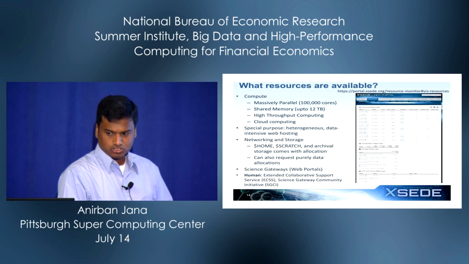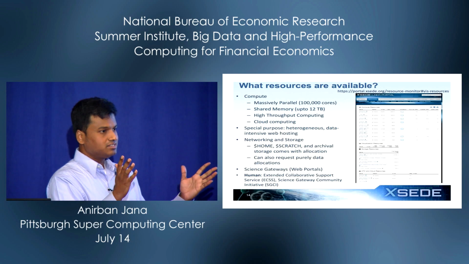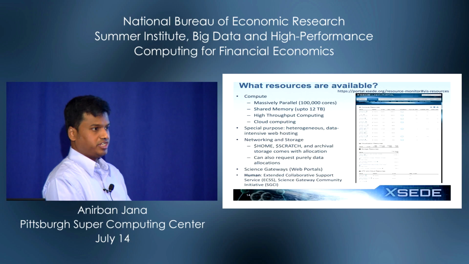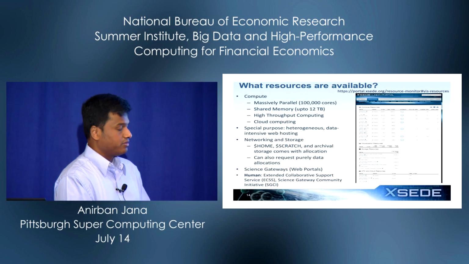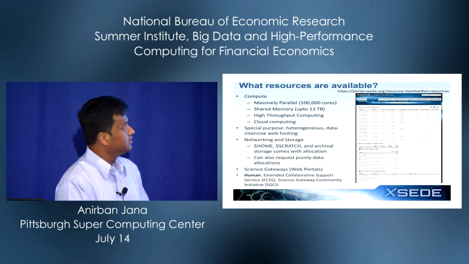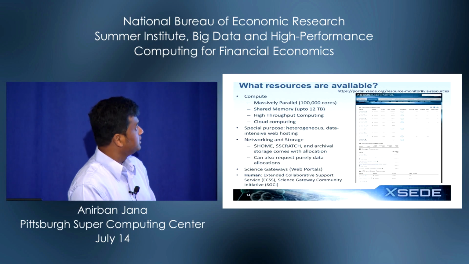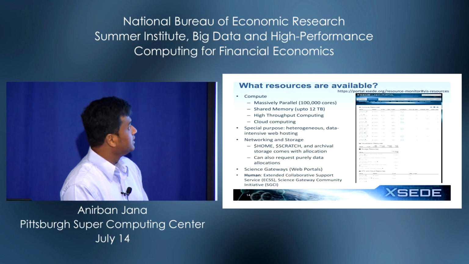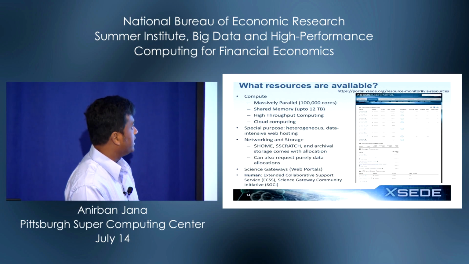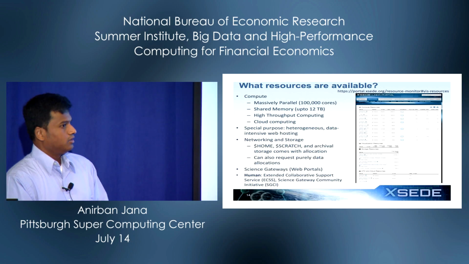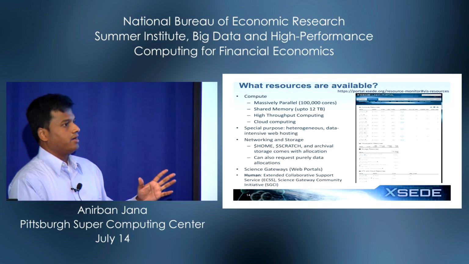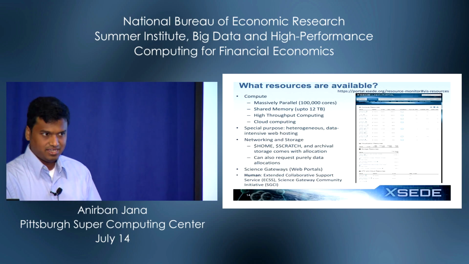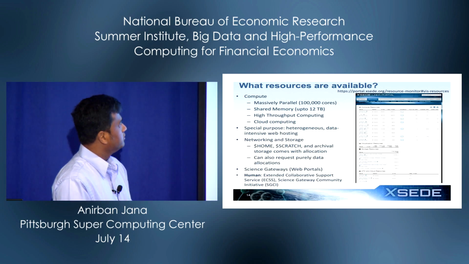So within compute resources, there are massively parallel resources of the orders of hundreds of thousands of cores. And then there are large shared memory resources, for example, up to 12 terabytes at PSC's Bridges resource. There's high throughput computing resources such as the Open Science Grid and cloud computing resources at Indiana. There's several GPU resources available, for example, SDSC, PSC, Stanford.